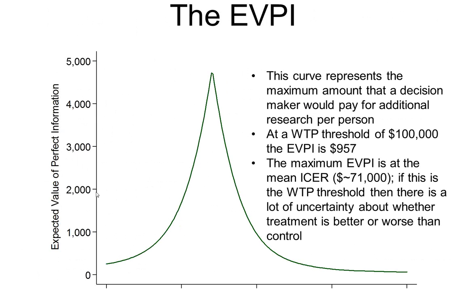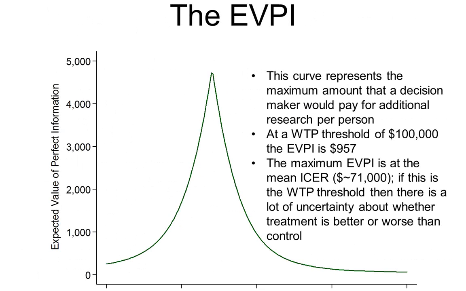less than $2,000. And at $100,000, the expected value of perfect information is $957. So that's how much we would be willing to pay per person to get perfect information on all the parameters. In other words, to reduce all of the uncertainty around each parameter in our model to 0.